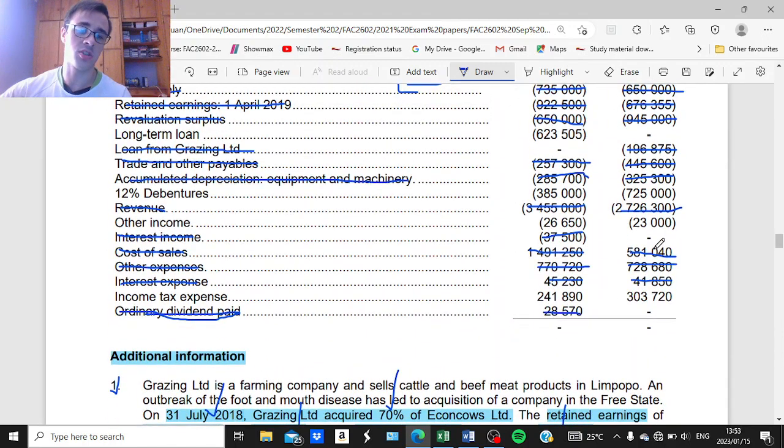You will look at the trial balance for the subsidiary. So we will start with revenue of 2,726,300, add other income of 23,000, subtract cost of sales of 581,040, subtract other expenses of 728,680, minus interest expense of 41,850, and finally, because we want the profit after tax, we need to subtract the income tax expense of 303,720.